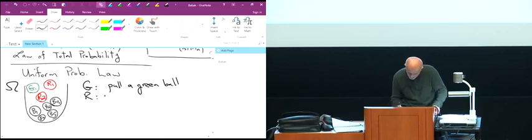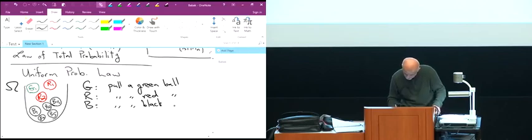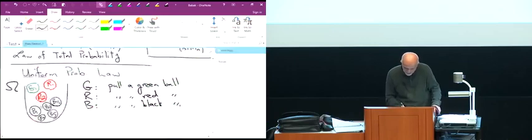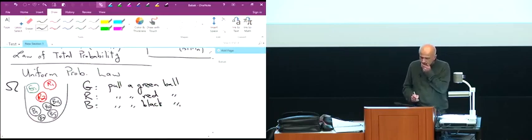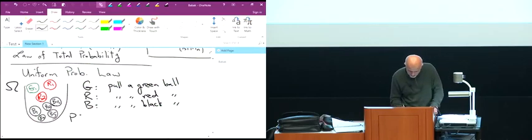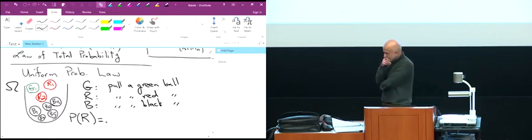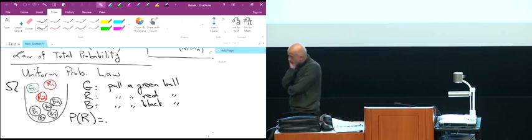Now, if I define the event G as the event that I pull a green ball, and R as the event that I pull a red ball, and B as the event that I pull a black ball, then how would you figure out the probability of, say, R? What's the likelihood that I'll pull out a red ball?